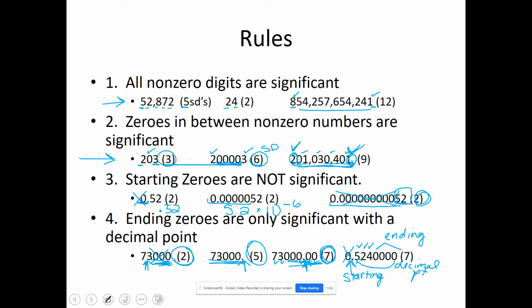So they're ending zeros and a decimal point. That makes these count. Whether they're directly after a decimal point, like the other examples, or directly before, or the very end, 10 digits after a decimal point. If they're ending zeros and you see a decimal point in the number, they count. So those ones will count. So that makes 7 sig digs there.